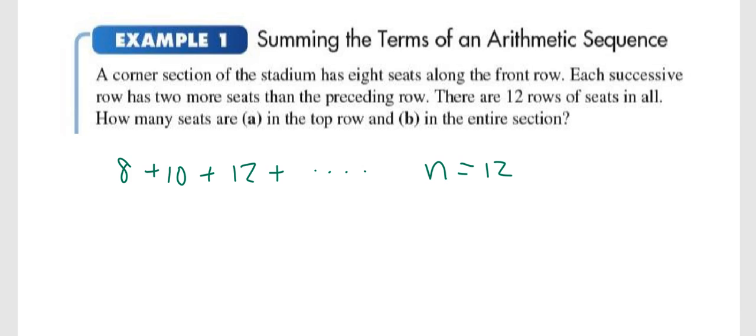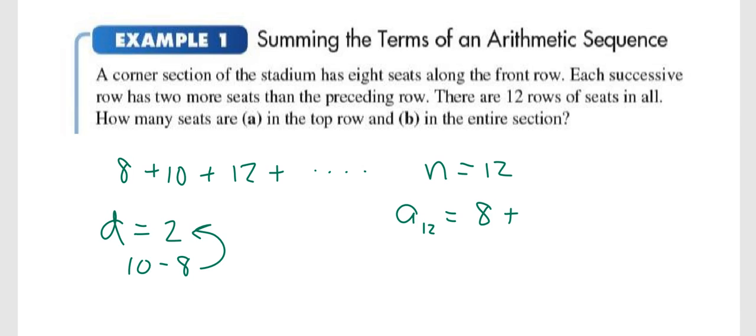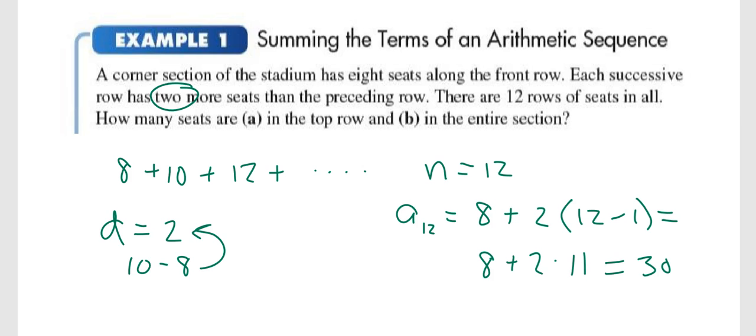We want the 12th row: first term plus the common difference, which is a positive 2, any term minus the previous term, times 12 minus 1. Don't you dare add the 8 and the 2 together. That just hurts me down deep inside when kids do that. 12 minus 1 is 11, times 2 is 22, plus 8 is 30. So the 12th row has 30 seats in it.